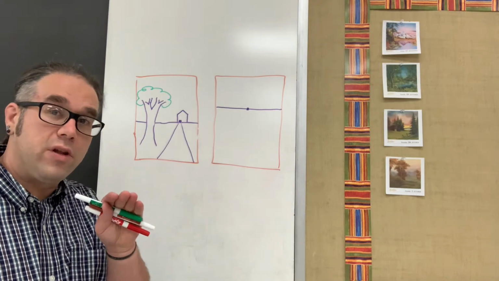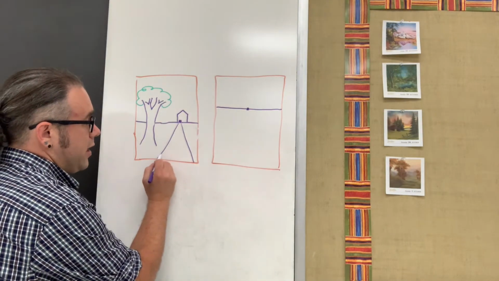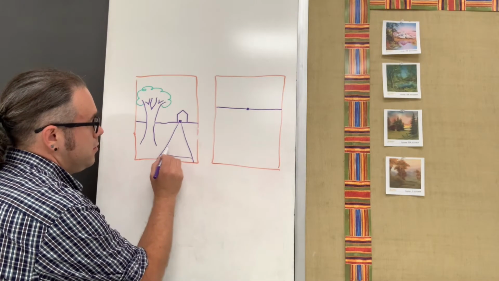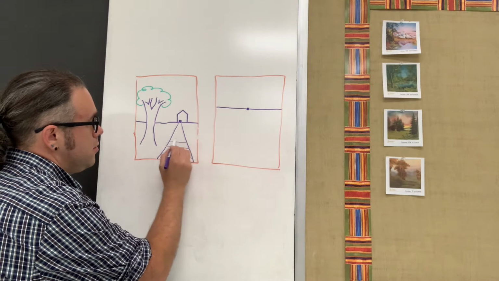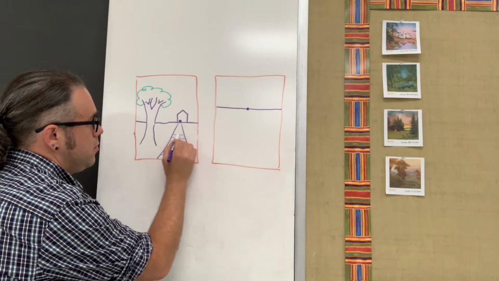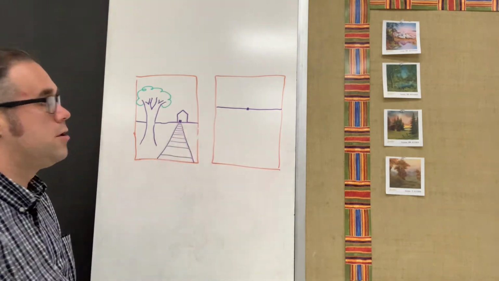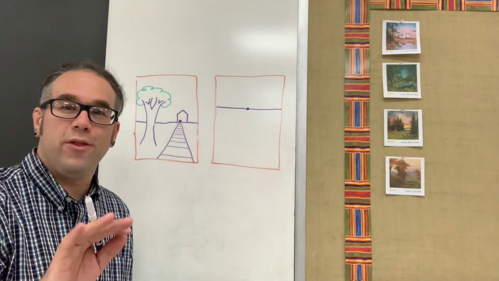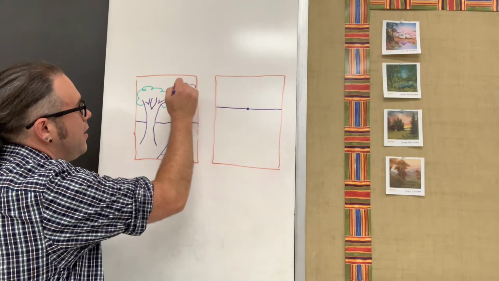Now we have a picture that leads the eye backwards. You can even make this like a sidewalk. Now it's starting to pull our eye through the frame there. Definitely put a cloud in the sky.